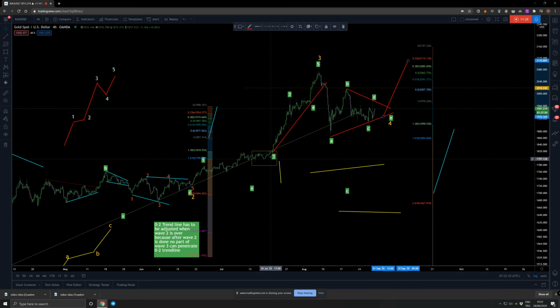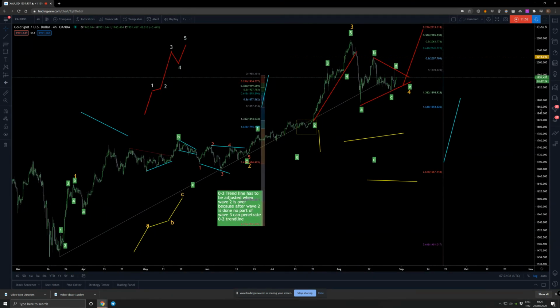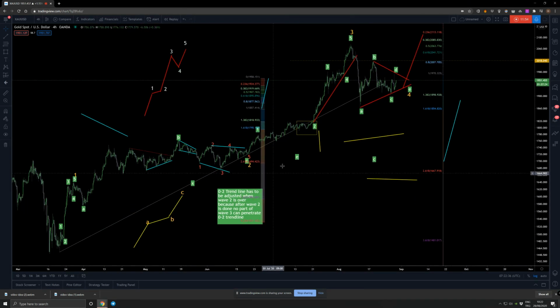But here is where you should scratch your head a little bit, at this break here of the 0 to 2 trend line. I don't like this. Part of the third wave should not break it, but it can still happen. I mean, it can still work, okay? But this is the part I don't like. But other than that, the analysis, even though I know it's a little bit confusing, it actually makes sense. It really does.